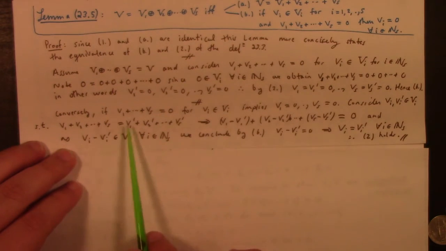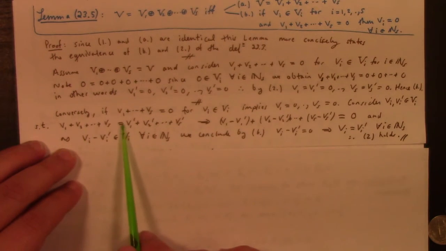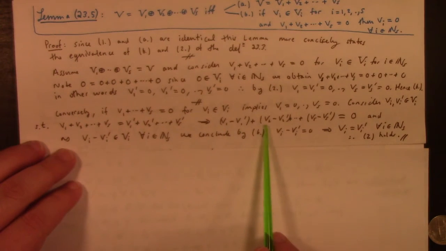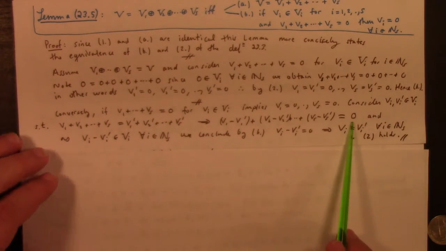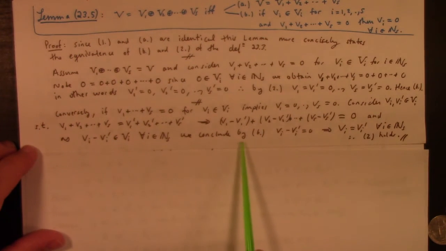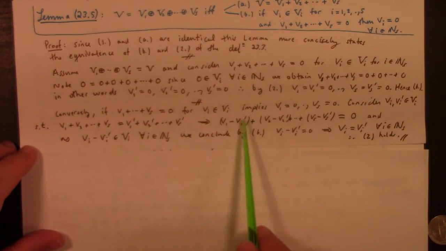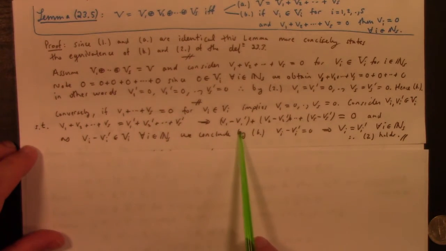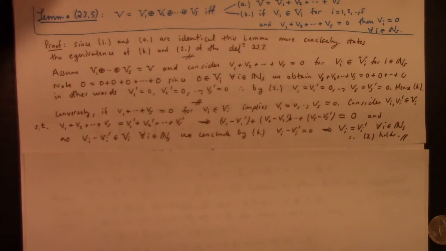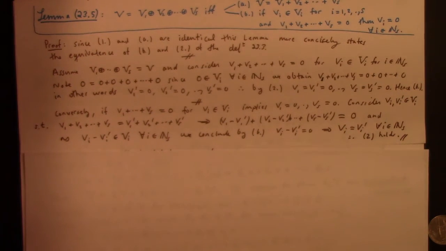Well, if that's true, then you can rearrange this to get the sum of the differences, v1 minus v1 prime, v2 minus v2 prime, and so forth, equal to 0. And then we can use b that each one of these must be separately 0, but consequently we have vi equal to vi prime, hence 2 holds.